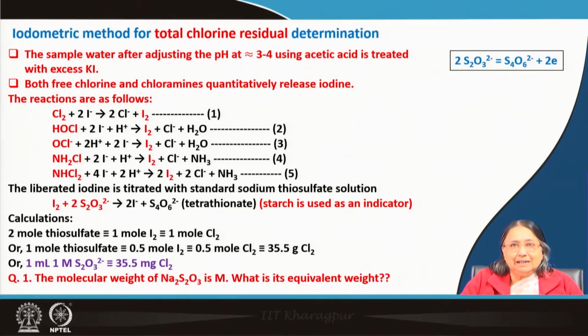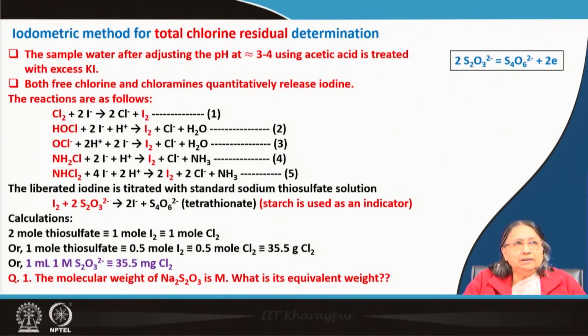But when will we add starch, from the beginning or after some time? We all know that iodine has a brown color, or if its concentration is less, then it is yellow. If it is brown, then in the beginning we will not add starch.